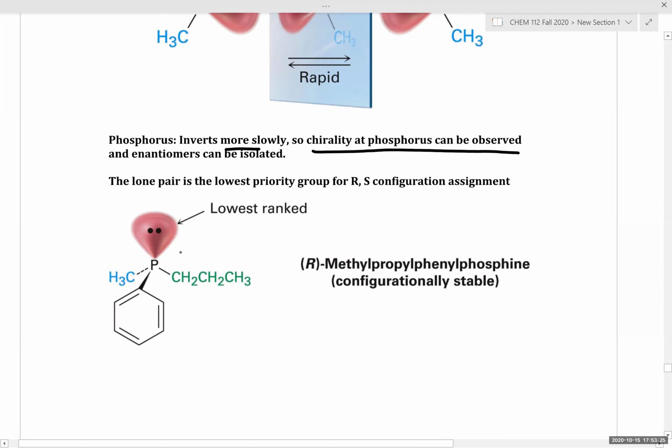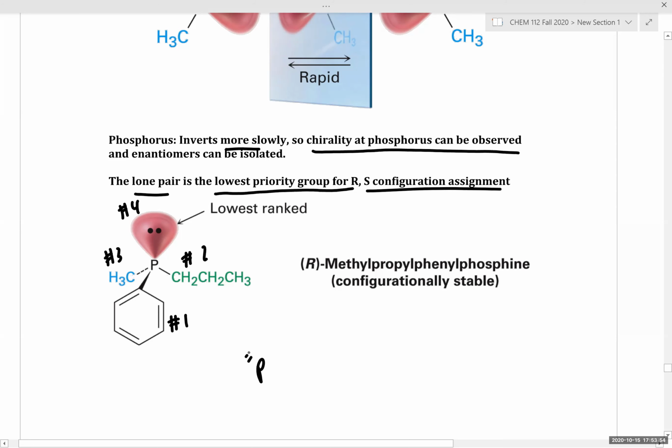So when you think about assigning stereochemistry for phosphorus, the lone pair is considered the lowest priority group. In this case, looking at the following structure, the benzyl or aryl group, this benzene ring, would be priority 1. The ethyl group would be priority 2, the methyl group would be priority 3, and the lone pair would be priority 4.